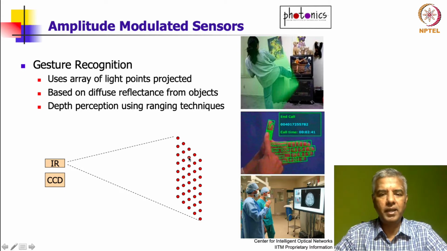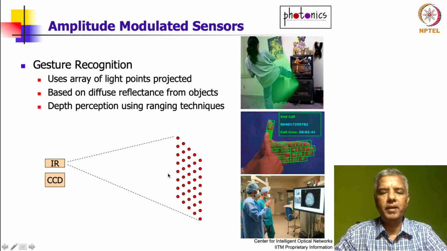But whatever is scattered from the object is going to be captured using a CCD array, and the CCD array may be programmed to see this image of dots, the silhouette of these dots, and based on that it will be able to sort of figure out the periphery of the object that's scattering light from here.